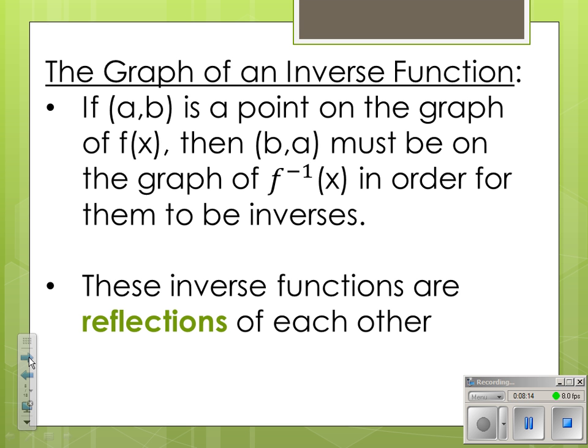So it goes back to that first slide where we were talking about how the domain of one becomes the range of the other. When you're looking at pictures of two graphs, you can just do that kind of comparison. Take a look at the ordered pairs of one, compare them to the ordered pairs of the other. These inverse functions are reflections of each other. We've talked about reflections before. We know what they look like.